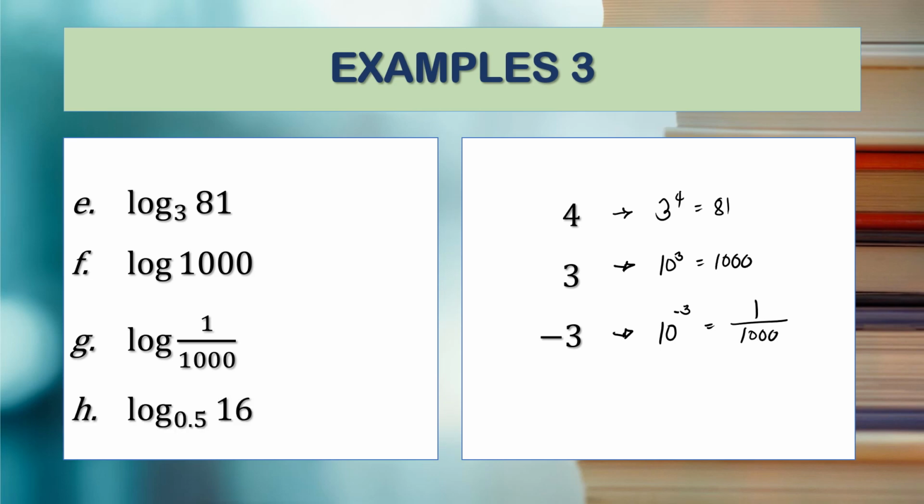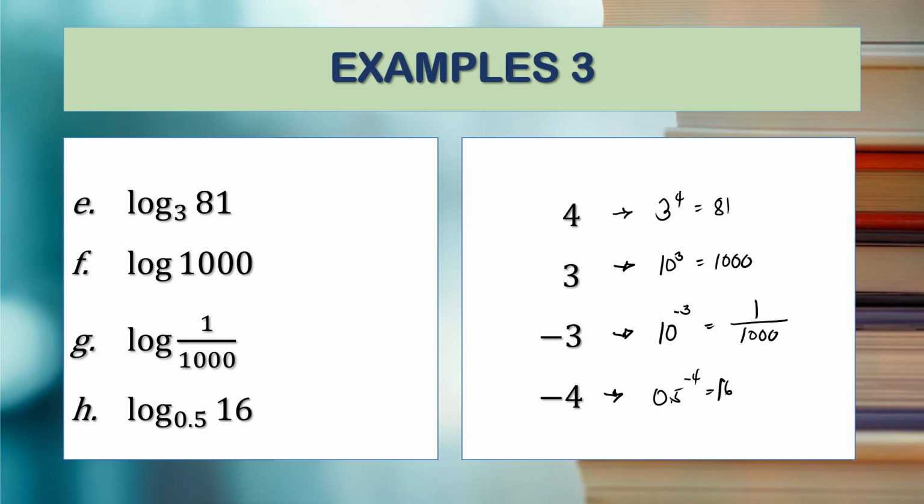Last, we have the log of 16 with base 0.5. What will be the exponent with base 0.5 that will give you a value of 16? Okay, yes, it's -4. Now, transforming this to exponential form, we have 0.5 raised to -4 is equal to 16.